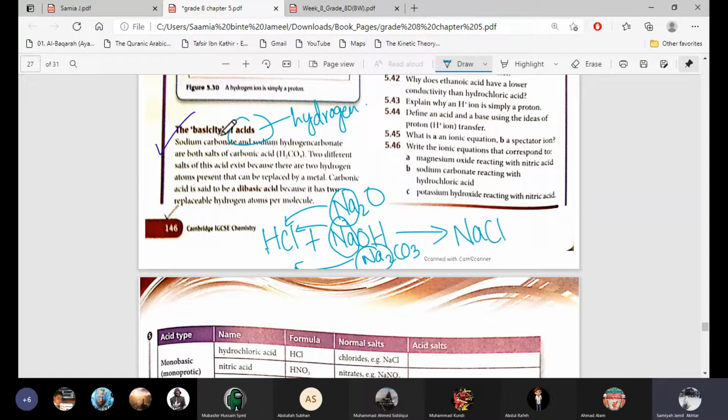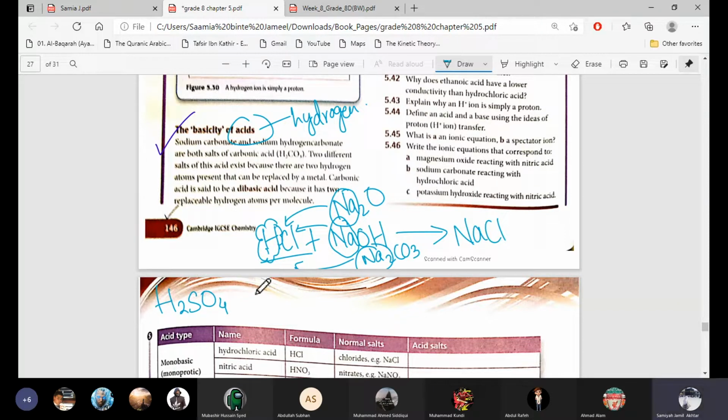So basicity of acids is defined as how many replaceable hydrogen atoms are present in an acid. Replaceable means how many hydrogens can be replaced. In HCl you can see there is only one hydrogen, so only one replaceable hydrogen is present. In H2SO4, how many hydrogens are present?